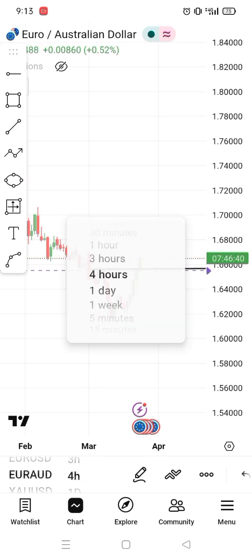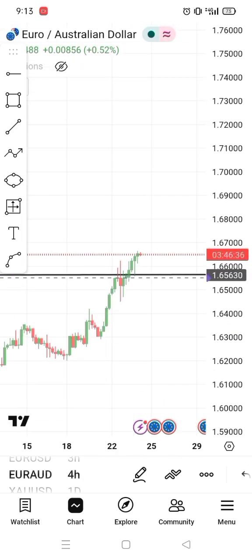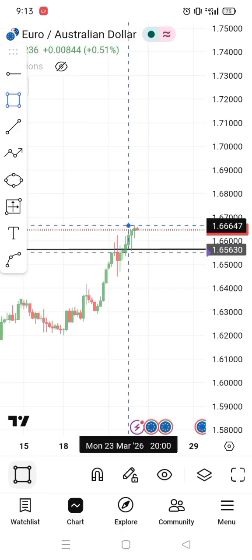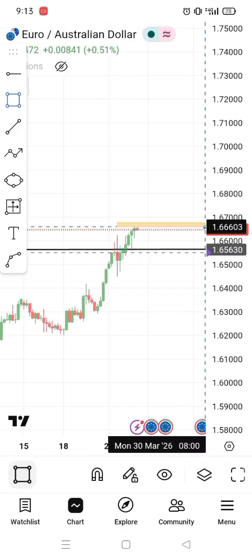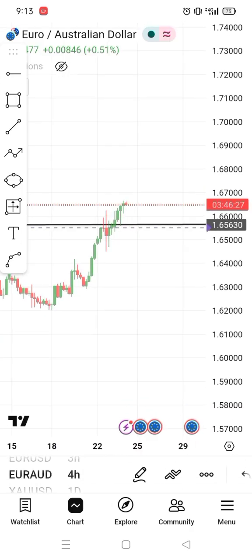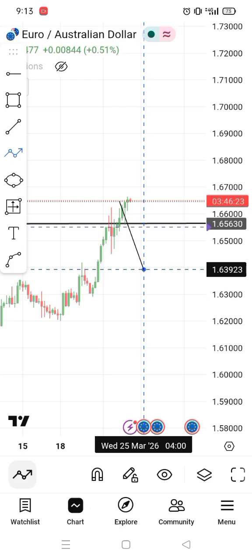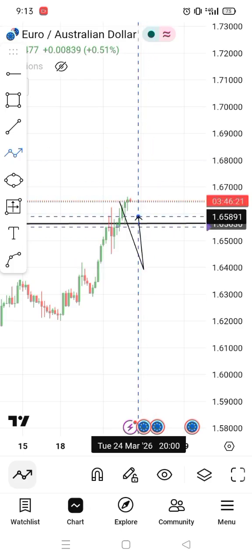But today we just need to be patient. We just need to let price do its thing. We just need to let it find the level of resistance that it needs to find to create some higher low and then build back up.